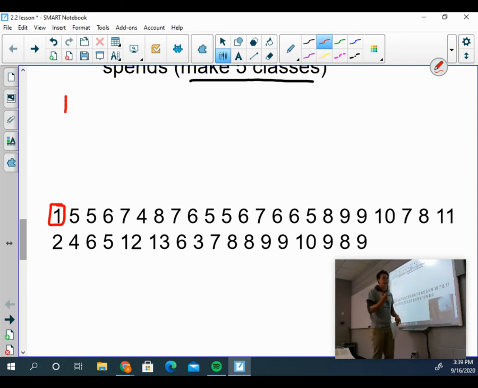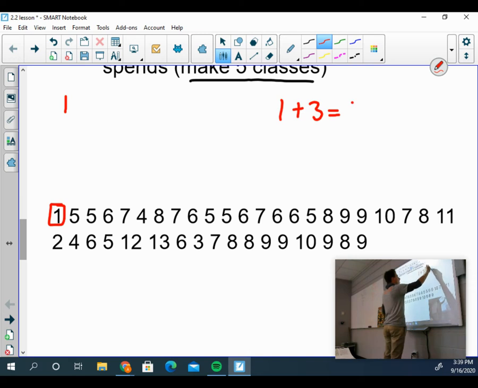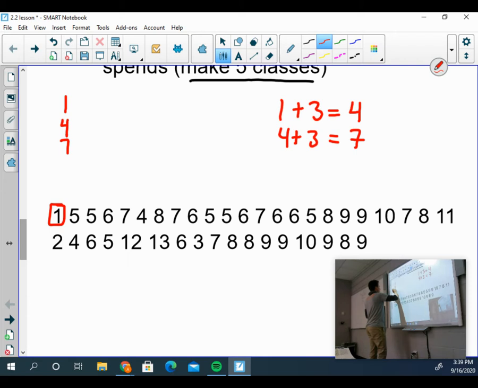Then I'm going to add the class width, and that gives me my next lower class limit. So 1 plus 3 is 4. I add that 3 again, and I get 7.